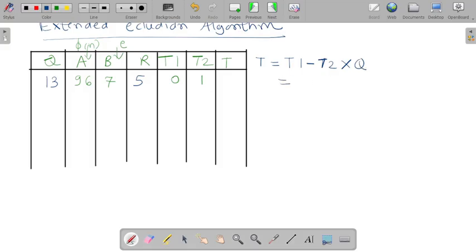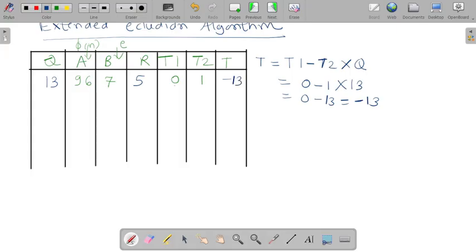So T1 is equal to 0 minus 1 into the quotient. The quotient is 13, so I am putting this value: 0 minus 1 into 13. So we will get the answer 0 minus 13, which is minus 13.